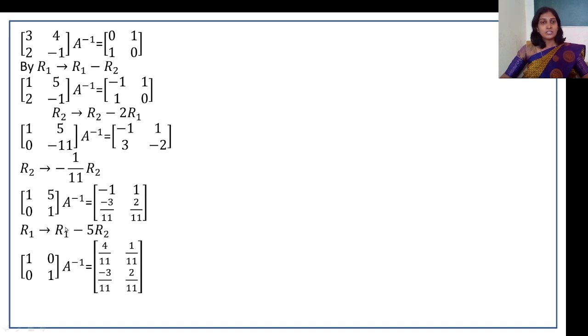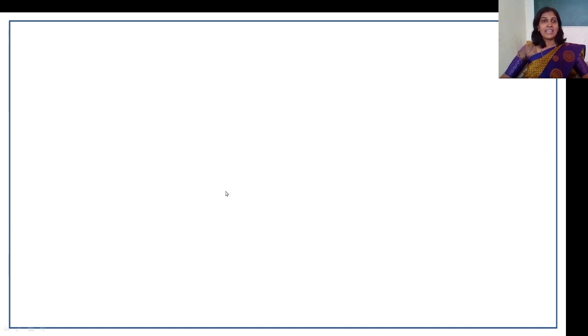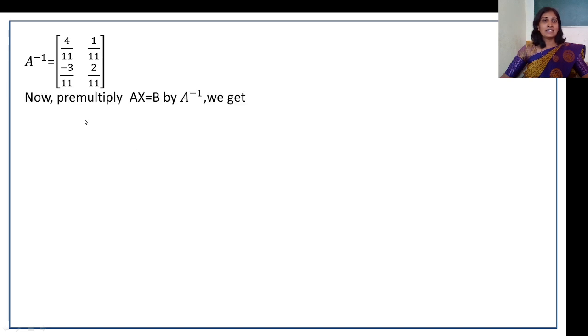Now R1 is 1 and here minus 5 into 2 by 11, so here is minus 10 by 11, so 11 minus 10 by 11, that is 1 by 11, and the second row as it is. This matrix is the identity matrix, so we get A inverse is equal to 4 by 11, 1 upon 11, minus 3 by 11, 2 by 11. In this way we find A inverse.